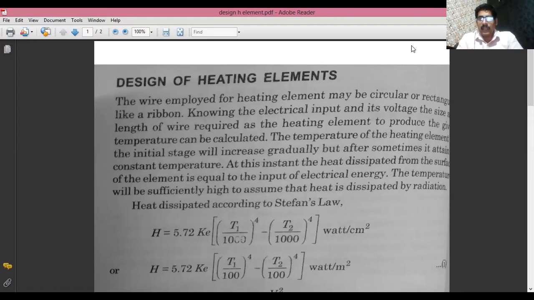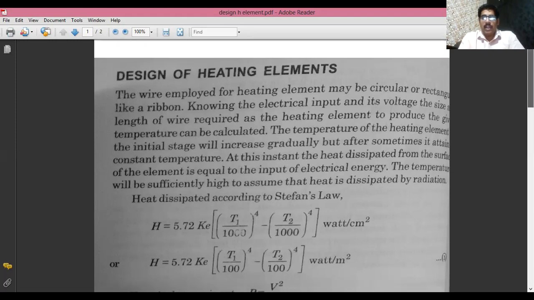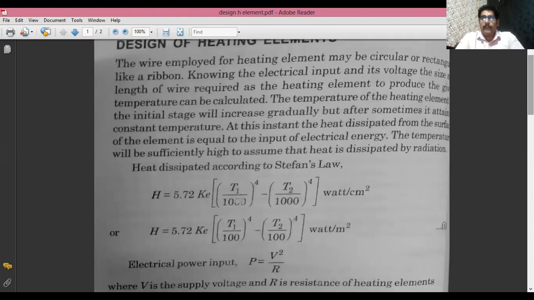The temperature of the heating element in the initial stage will increase gradually, but after some time it attains a constant temperature. Based upon this, we have Stefan's law, and according to Stefan's law, the heat H is equal to 5.72 into Ke, the Stefan's constant, into T1, the final temperature, minus T2, the initial temperature, in watts per centimeter square.